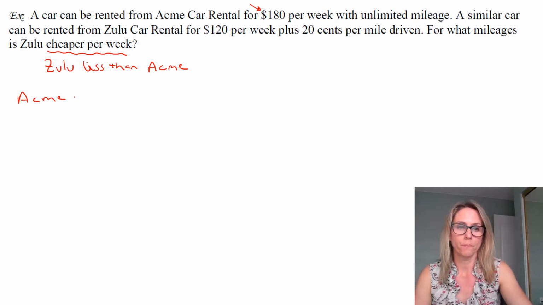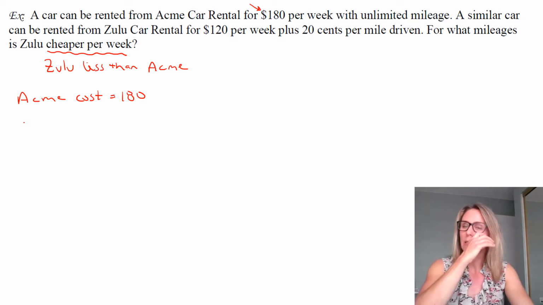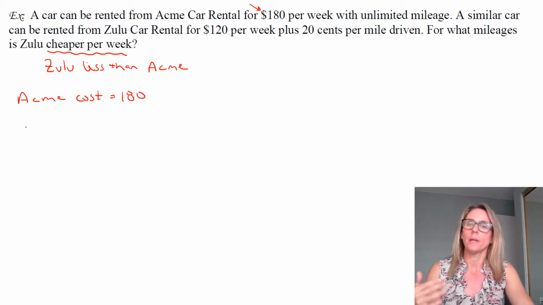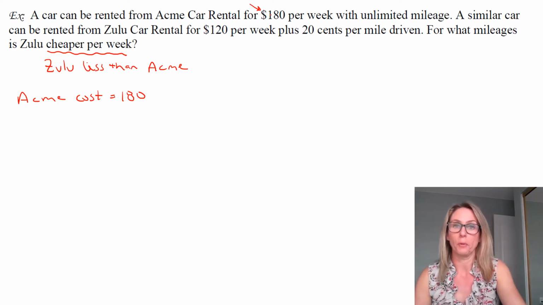So Acme cost, as we know, is just a flat 180. Because Zulu has this 20 cents per mile driven, that means that it depends on the number of miles you drive. Well, that is a variable. So because we don't know how much it is, it's something that changes.